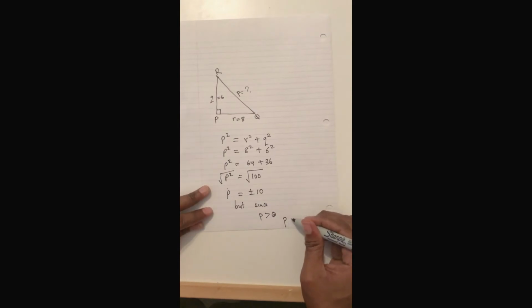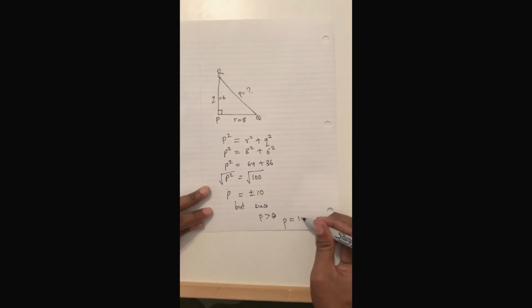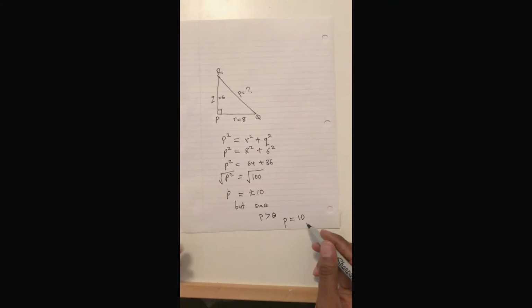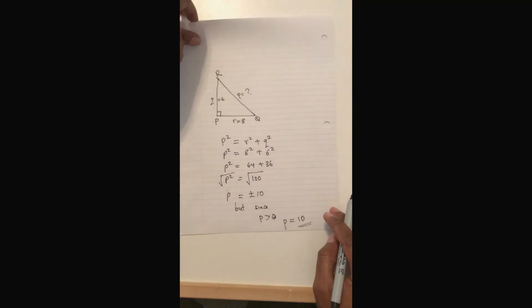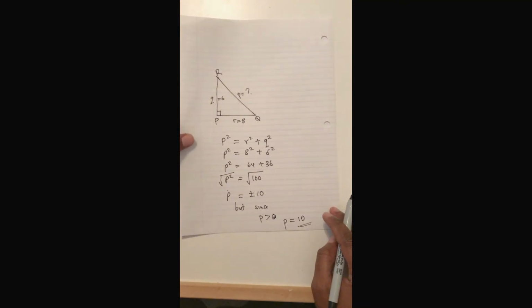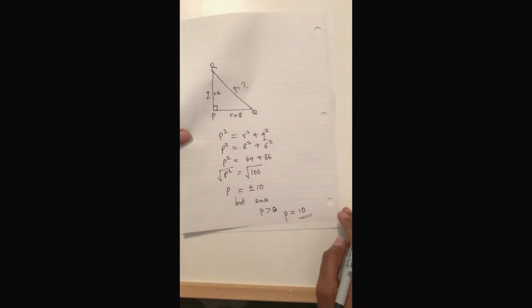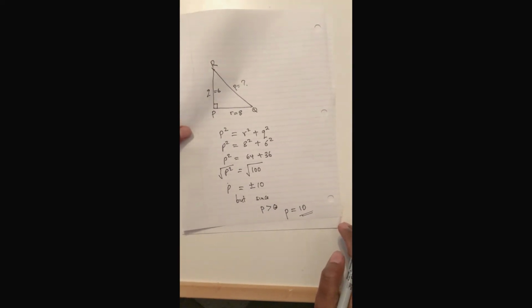So we choose the positive number, which is p is equal to 10. Okay, good. So let's see another example where we have the hypotenuse and we are looking for the height given the base of that triangle.